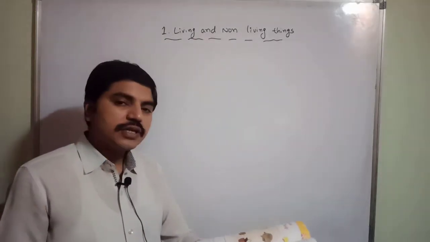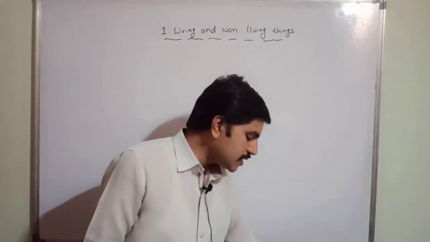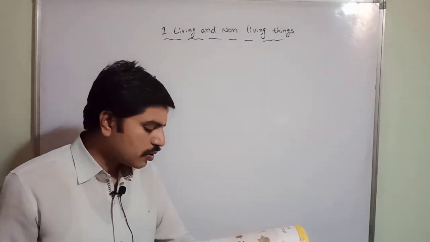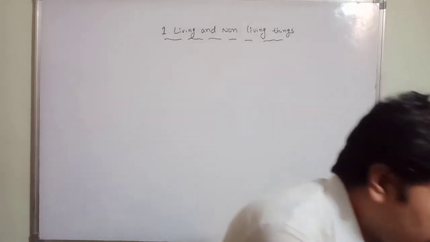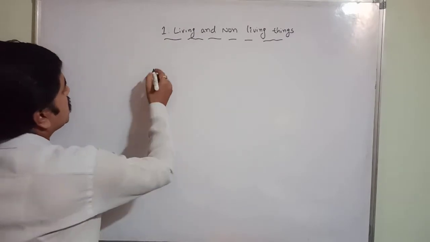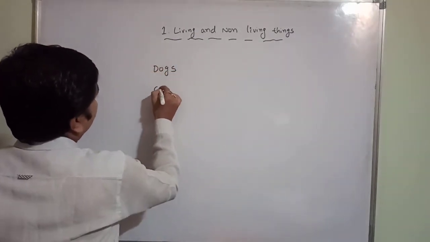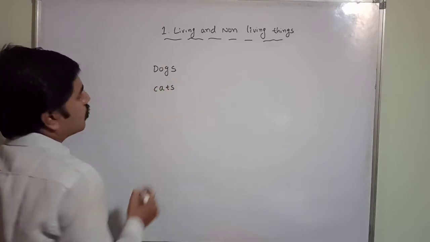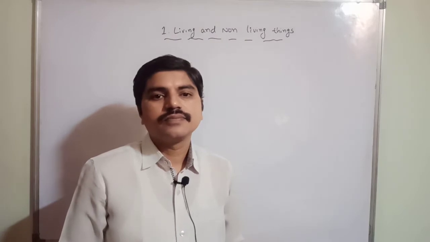And here you can see one more thing, the next one: animals such as dogs and cats walk with their legs. So which animals? I am going to write animals such as dogs and cats.